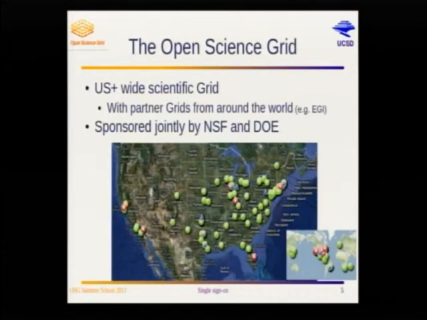It's jointly funded by NSF and DOE, who pay your school too. And has partner grids all over the place too. So a lot of what you can do on OSG, you can do on other grids because there are continuous efforts being done so that the various grids interoperate. So you can use an OSG client to submit to EGI and the other way around.